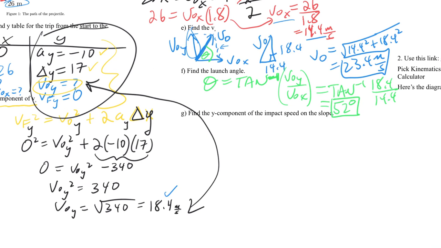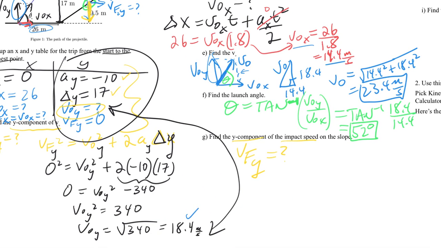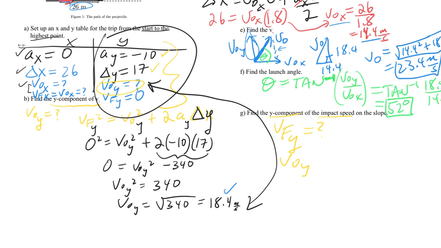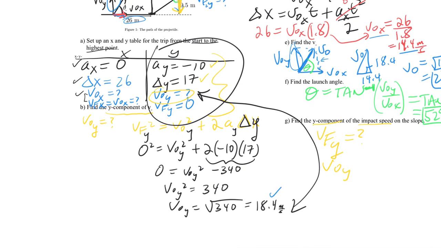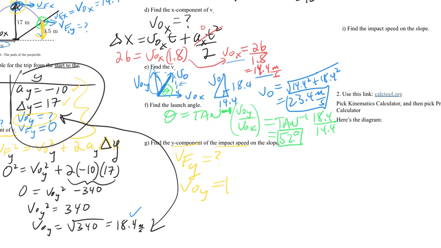So to find the final speed y component, that would be this part right here. Let's see what I got. I got VOY at the very beginning. We found that in part B, 18.4. I got AY is negative 9.8, or negative 10.